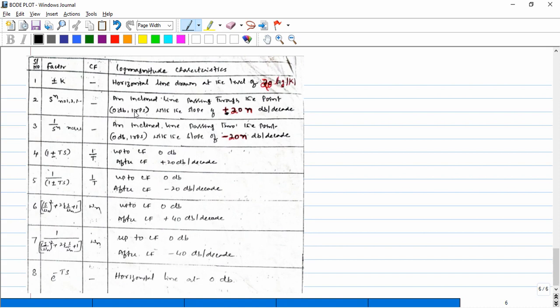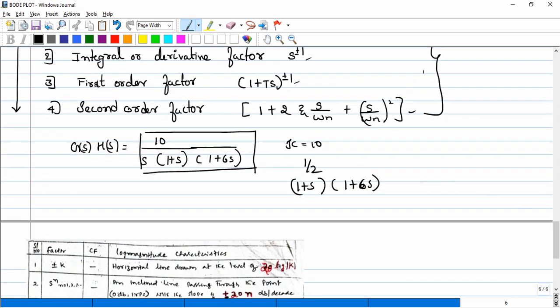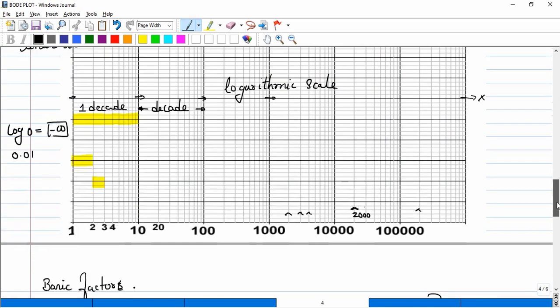Okay, so 0 dB will be the reference line, and 1 rps is nothing but radians per second, which will be on the x-axis. See, 1 rps: I will consider this as 0.1, and this will be the 1, so that is 1 rps, the unit, that is the input frequency.